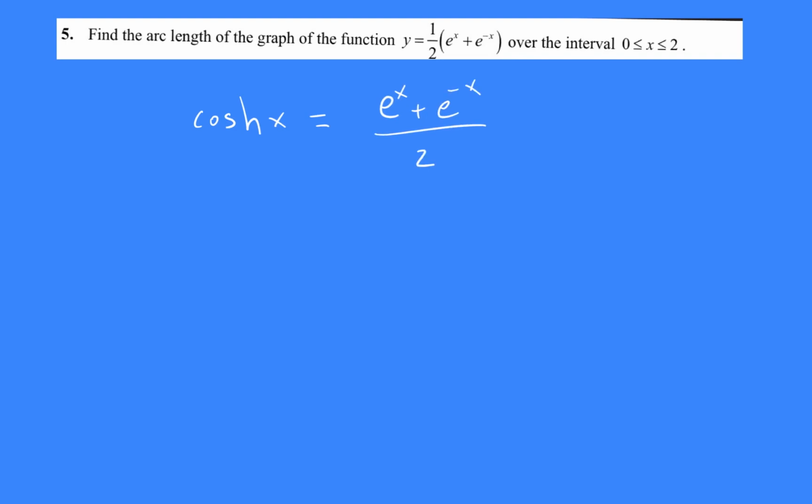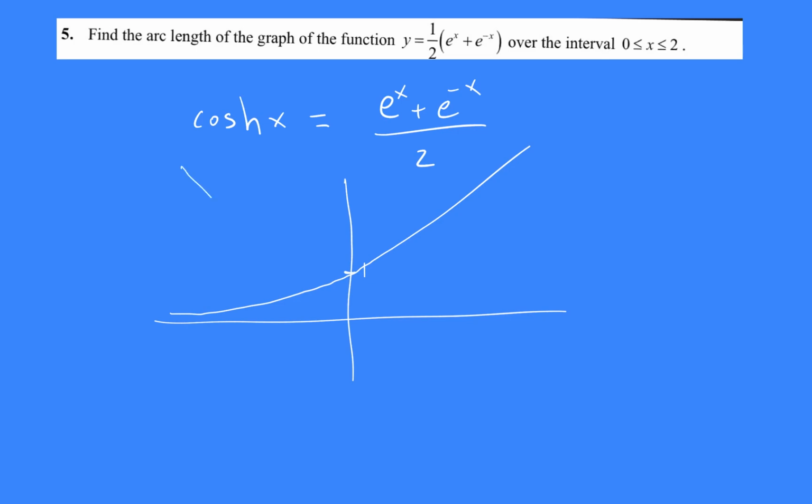Or in other words, e to the x will go like this, and e to the minus x will go like this.